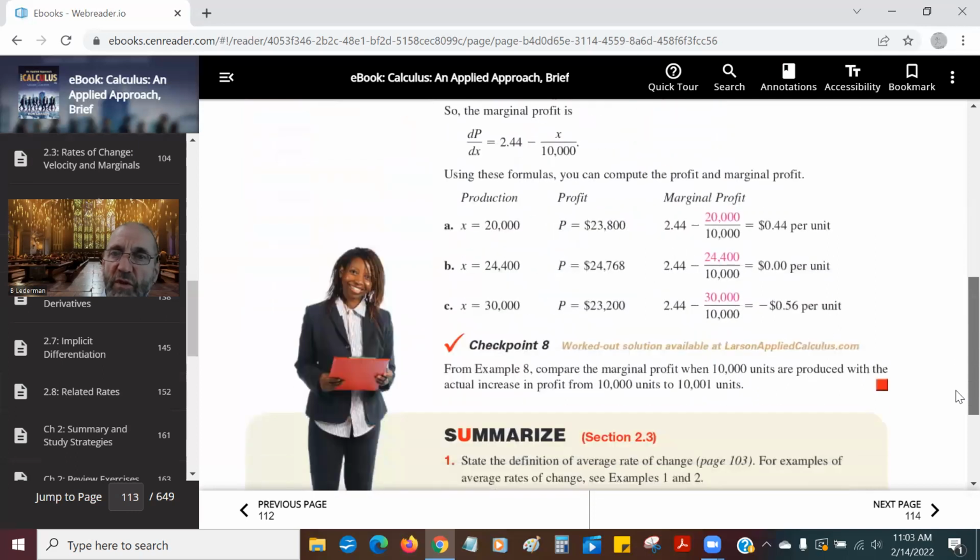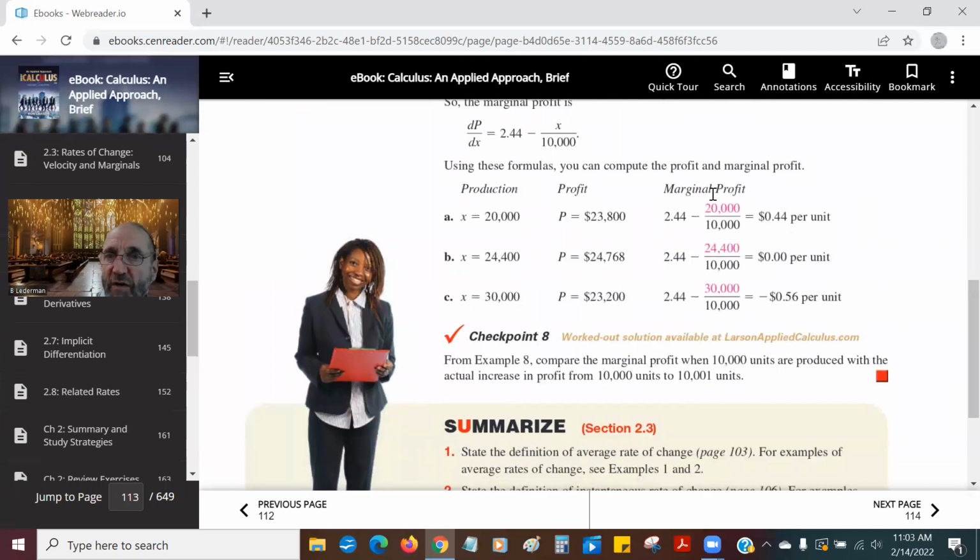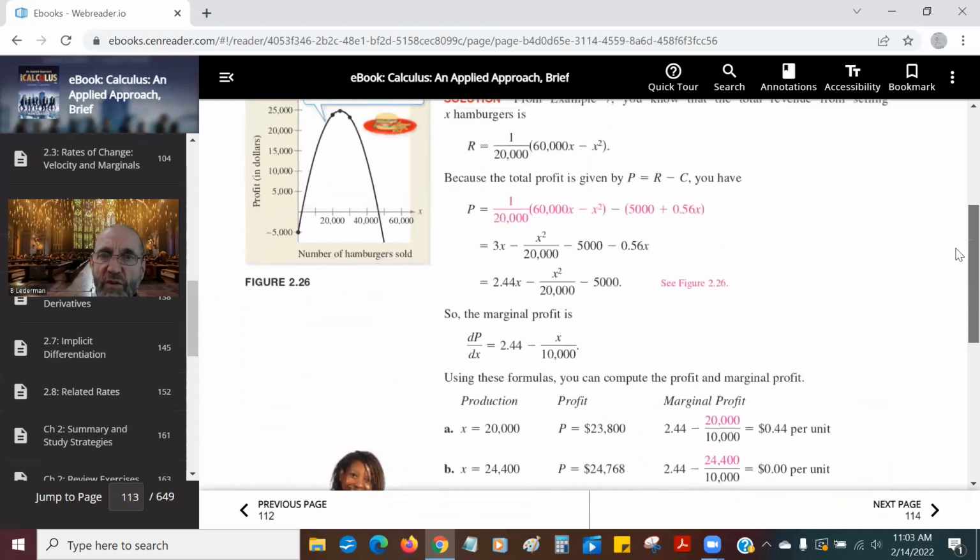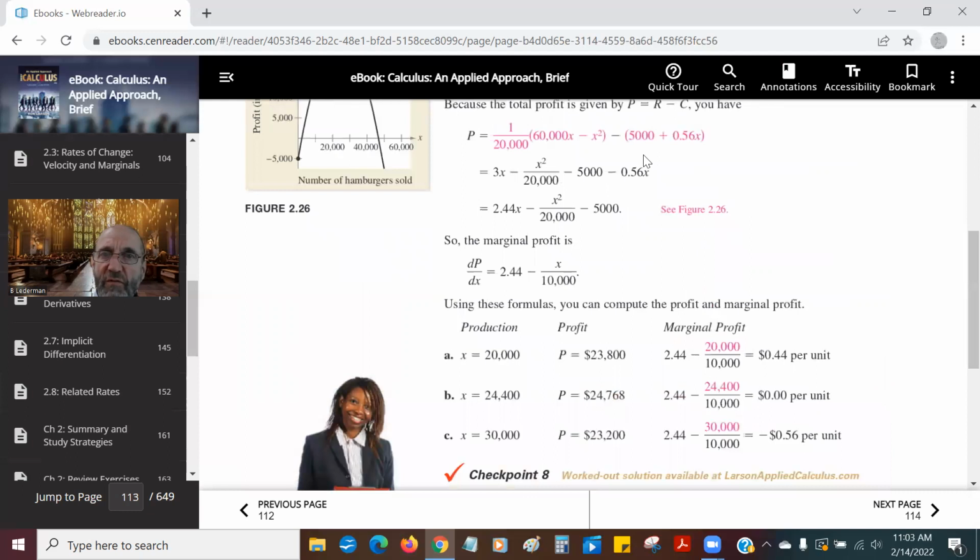Now, using these formulas, we can compute the profit and the marginal profit for all these values. So when x is 20,000, profit is going to be 28,000. Marginal profit would be 2.44 minus that, and so forth. This is the formula for P, and this is the formula for dP over dx.